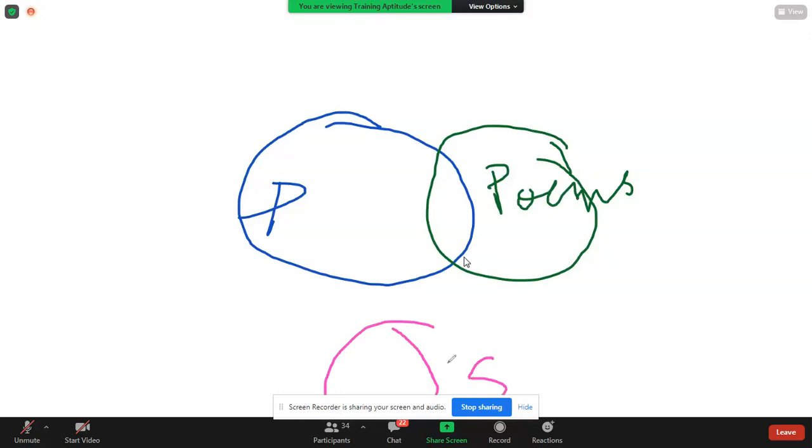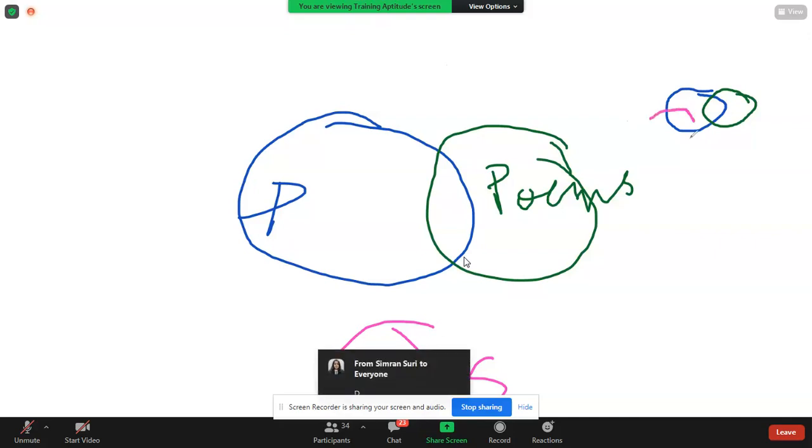This is one possibility. Another possibility is poets and poems overlap, not with the poems, since no poem is song. Is this okay? Perfect.